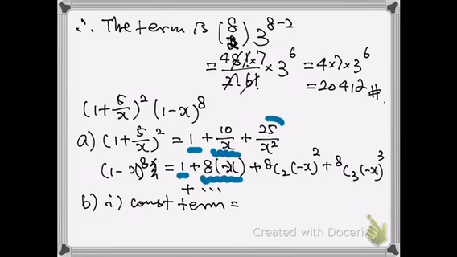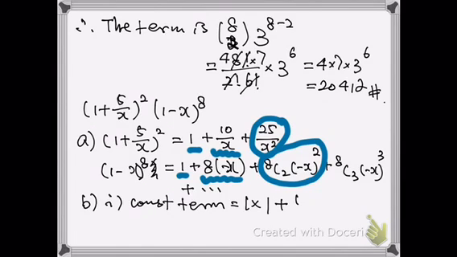Also that's x squared in the denominator, if you times x squared, that should give you another constant term. So the constant term should be 1 times 1, and 10 times negative 1, and plus 25 times positive 8C2. That should be the constant term, which equals 621.